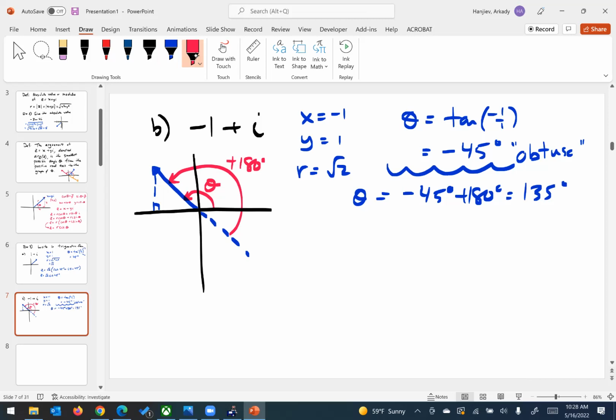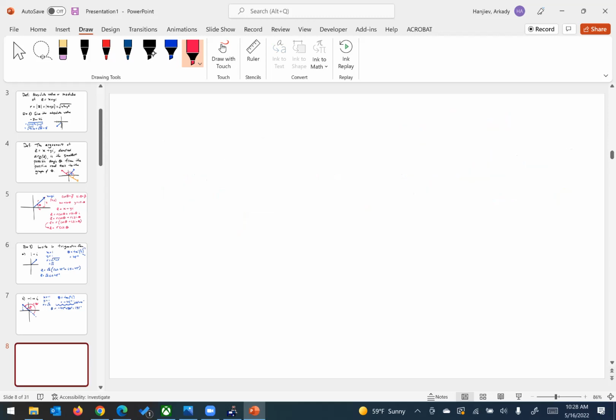Let's try another one here. Let's try one that you need a calculator for as well. So C. Okay, how about this one right here?